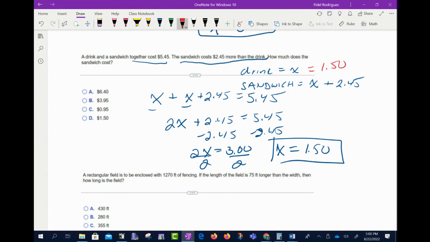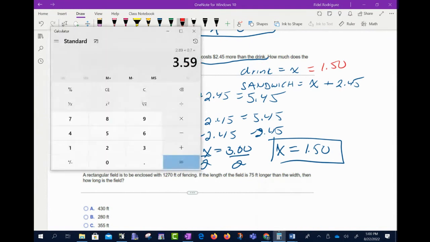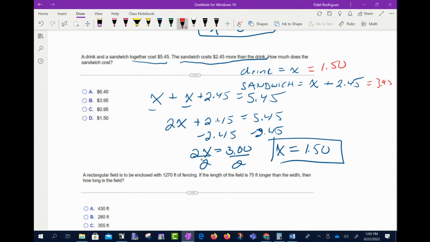Now my sandwich is $1.50 plus another $2.45, which is $3.95. Okay. And the question says, how much does the sandwich cost? Hey, the sandwich is $3.95. All right. So again, had I stopped here, I might have chosen that and I would have got the answer wrong, right? Because that's not what they're looking for.